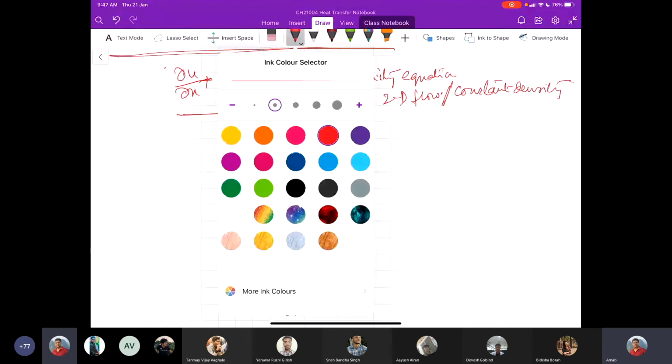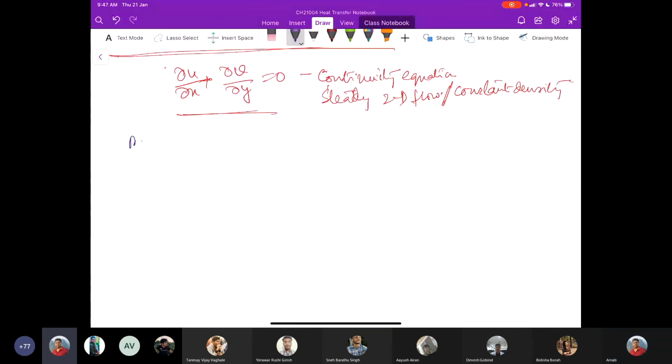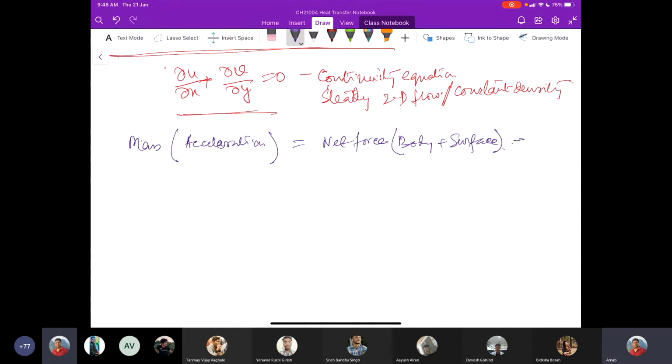So we have mass into acceleration in a specific direction, equal to the net force, body forces plus surface forces acting in that particular direction.